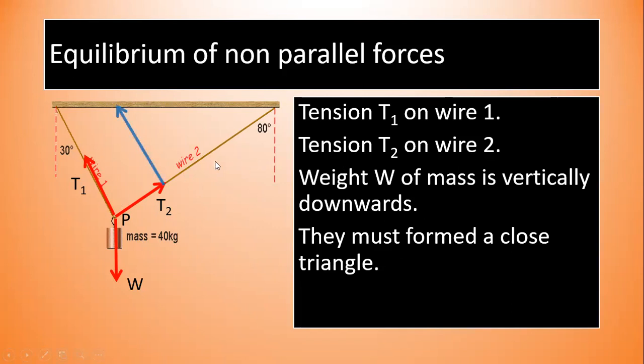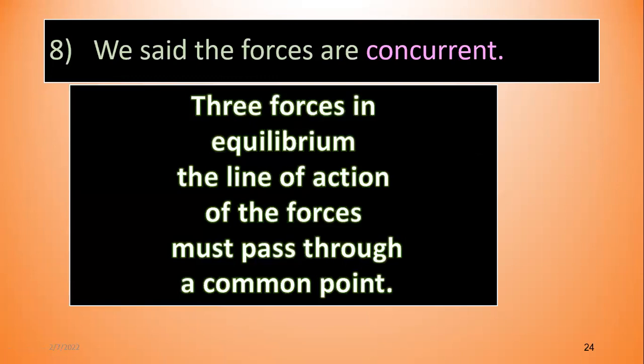Right? Or you can draw on the diagram itself. Okay? This is your T2, that's your T1. But this one must be vertical. So it must be coming down. That's your weight. Right? They sometimes ask you for magnitude, order of magnitude, then it's better to draw on a diagram. Then you can see which is larger.